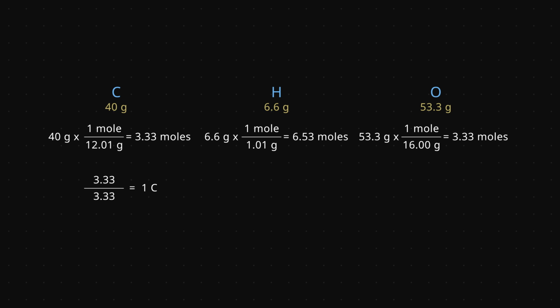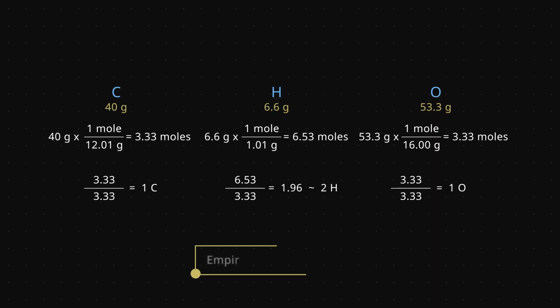For hydrogen, 6.53 divided by 3.33 gives 1.96. We can't have 0.96 of an atom, so we'll round this to 2. For oxygen, 3.33 divided by 3.33 is 1 oxygen atom.